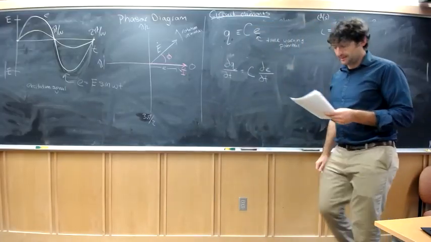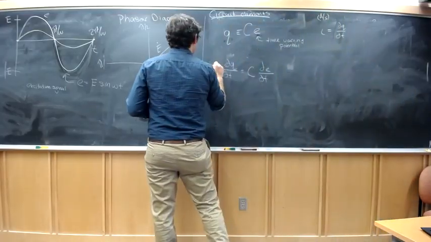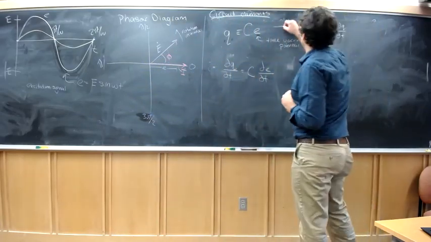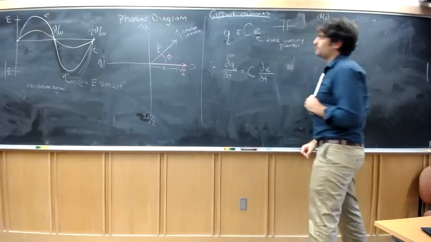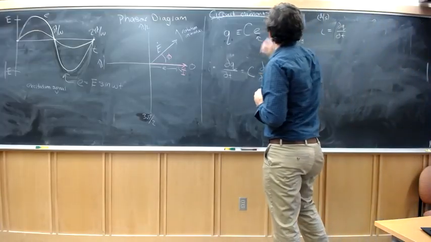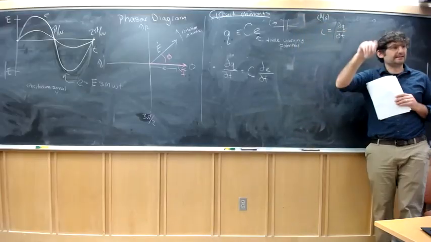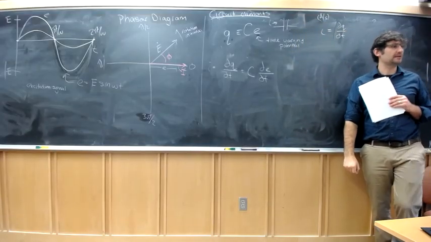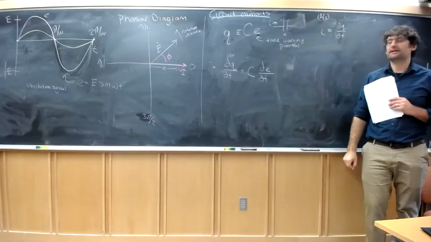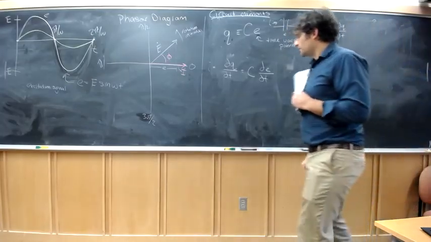And of course, the current is equal to dQ/dt. So I think about a circuit. This is literally a circuit with one capacitor in it, and I'm thinking about the current flowing through that circuit under an AC applied voltage. There's some potential E across that capacitor. It's time varying.